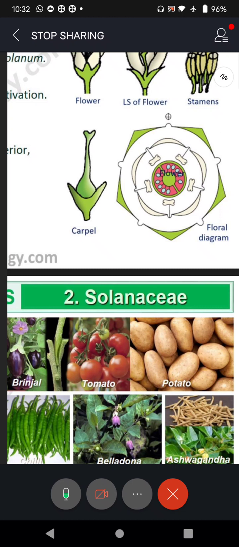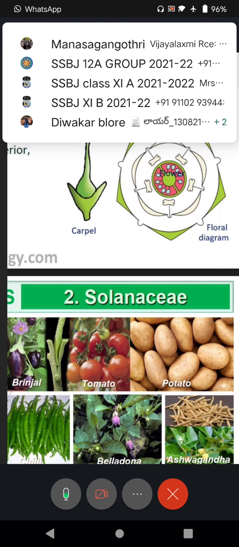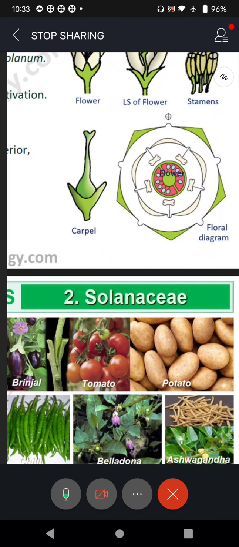So if you are able to first write correctly the floral formula, based on that floral formula you can draw the floral diagram. If these two are correct, that means you know all the important characteristics of that family.